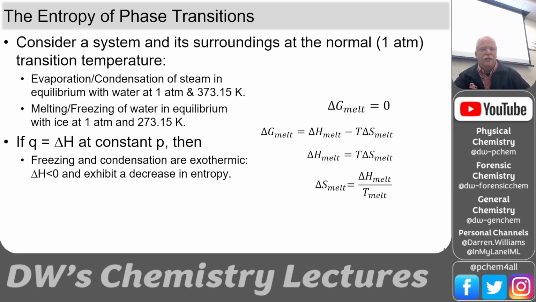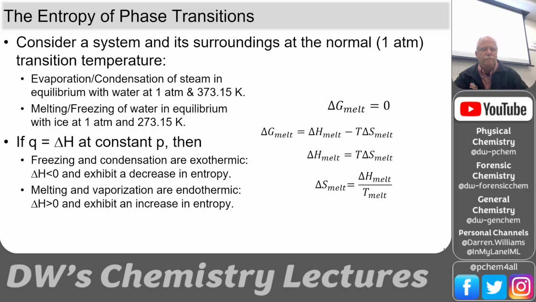And so if we're at constant pressure, then the heat change is that delta H. And we can know then whether it's endothermic or exothermic: freezing and condensation are exothermic.